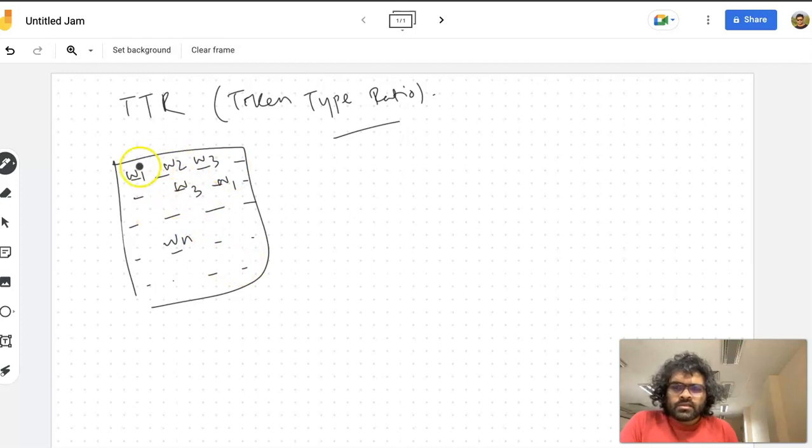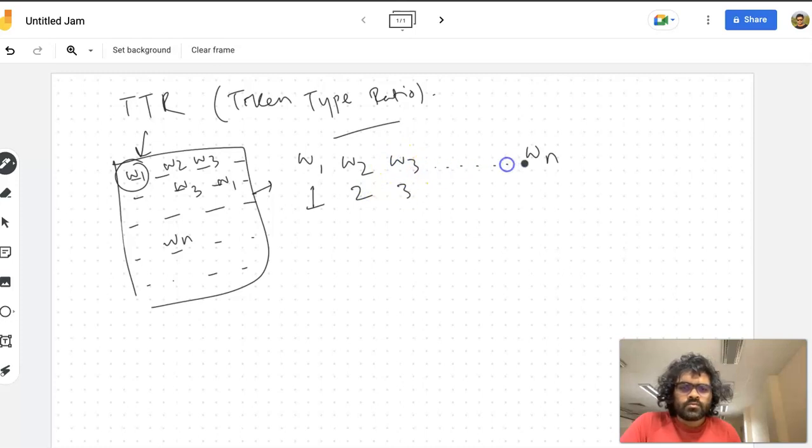There are certain words which will occur more than once, and some words will occur just one time. Suppose in this corpus there are n distinct words, W1 to Wn, where W1 occurs once, W2 occurs twice, W3 occurs thrice, and so on, and the word Wn occurs n times. So there are n distinct words.